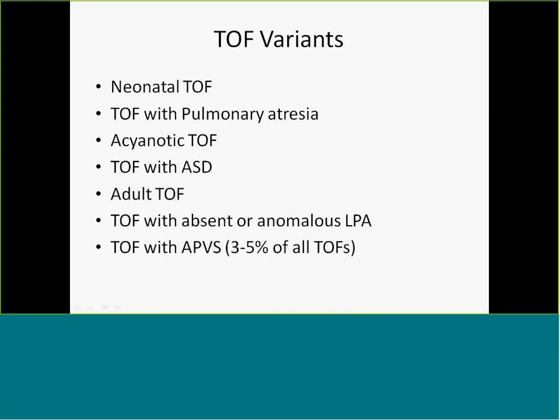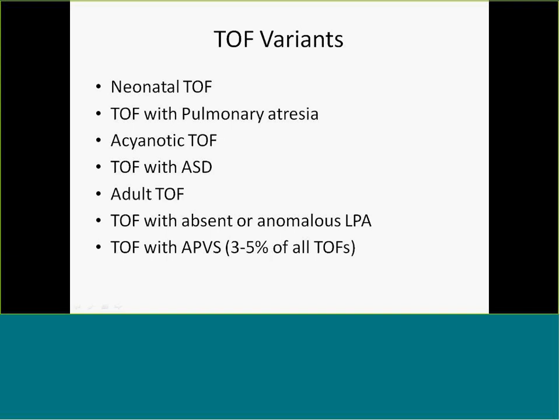Tetralogy is a clinically distinct condition often associated with the aortic valve, aortic dilatation, aortic incompetence, and myocardial impairment, and so on. Therefore, TOF is often considered as a separate subset. Some of them are associated with absent pulmonary artery. I'm not going to talk about all those variants.